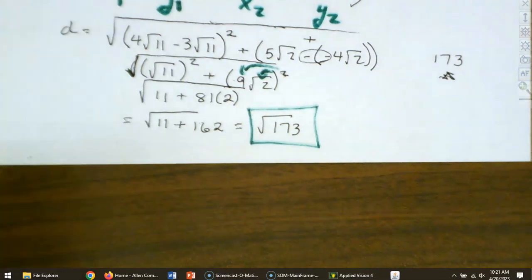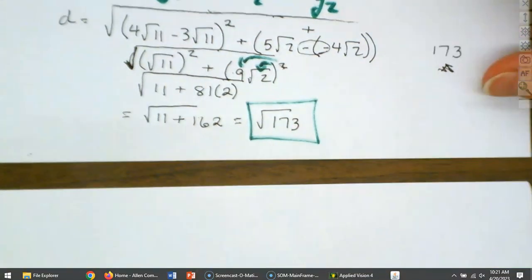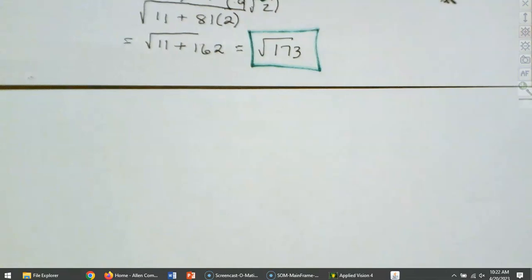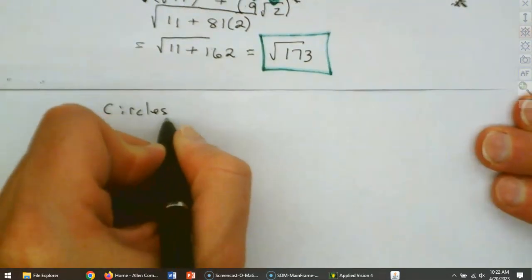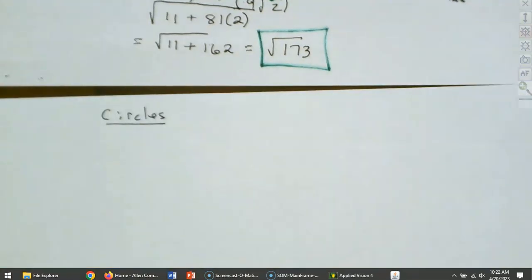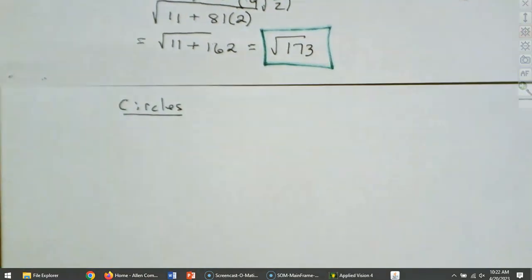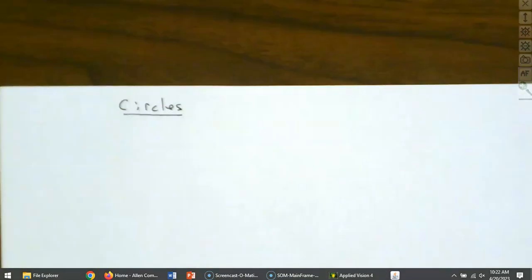And the last part of this section is something that you're going to cover in greater detail in college algebra. And that's circles. We're barely going to touch on the basics of circles today.